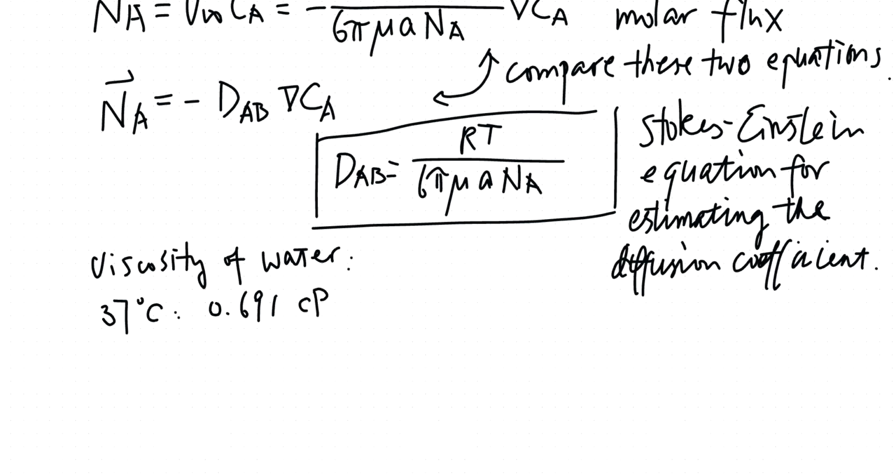So recall 1 centipoise is 10 to the minus 3 Pascal second.